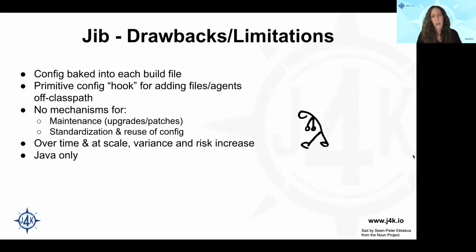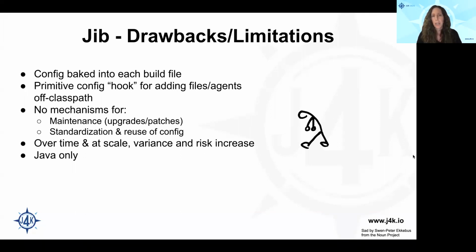The catch-all, while it does enable adding agents, is a primitive config hook. You're still responsible for the full configuration. And there's no mechanism for maintenance of upgrades and patches or standardizing, reusing, etc. It's all per application, per POM file, per Gradle build file.